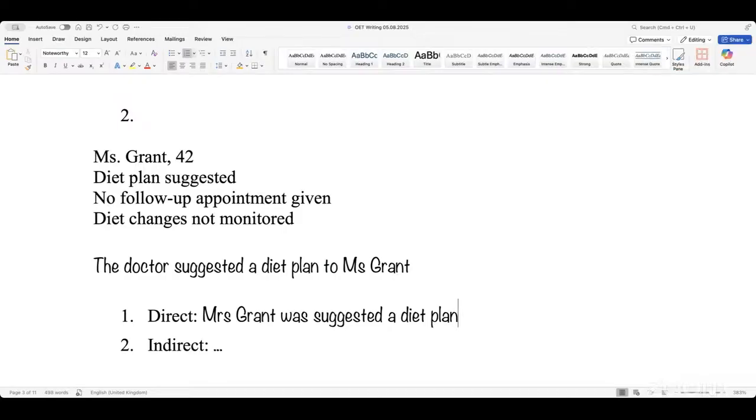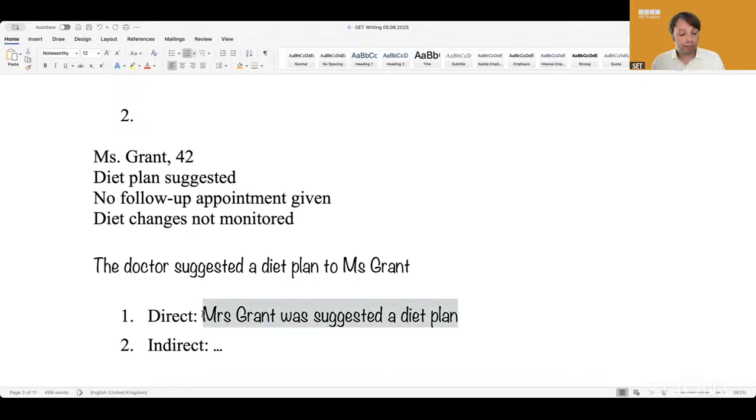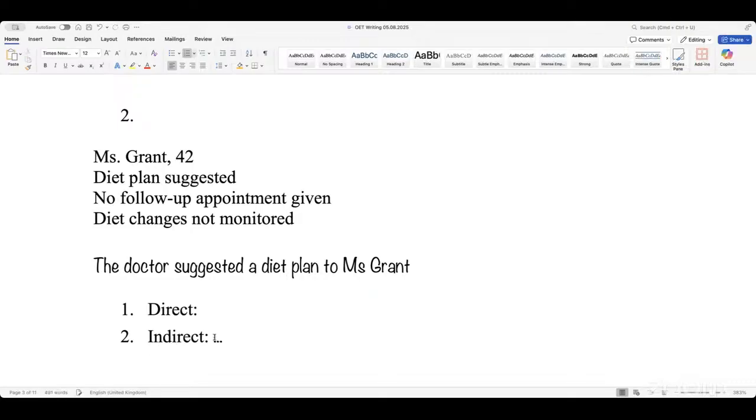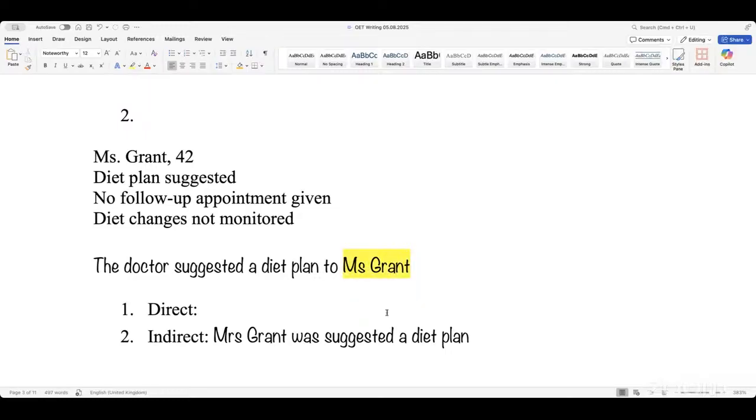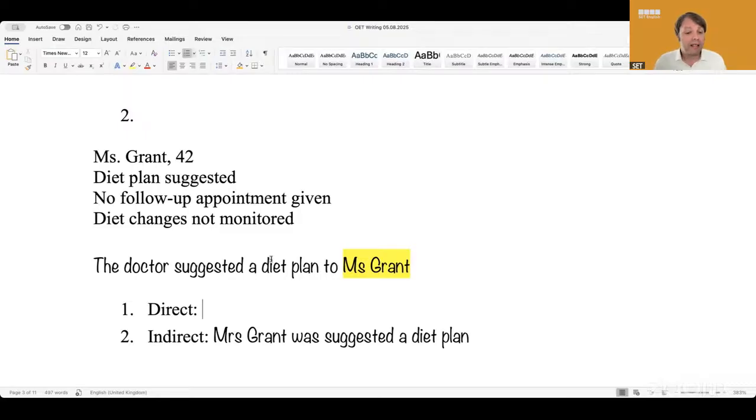Is this the direct object, everyone? No, that's indirect. So Demola, remember, indirect is the one who benefits from it. It is usually a person. Not always, but usually you can see it's a person, a name. The direct object is the diet plan.